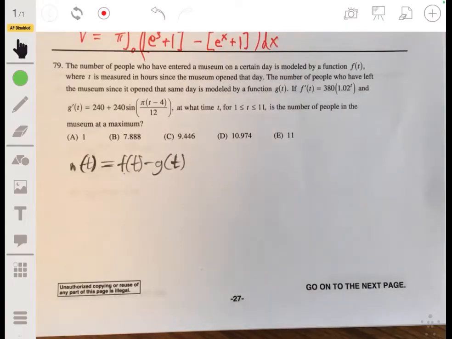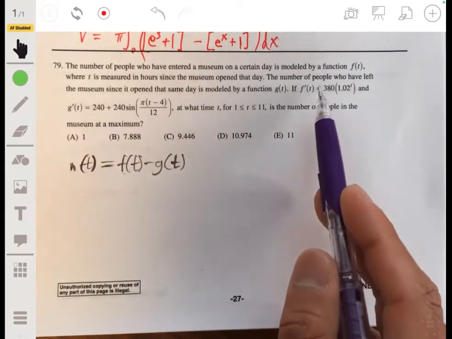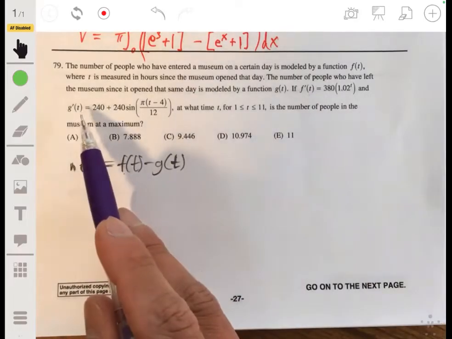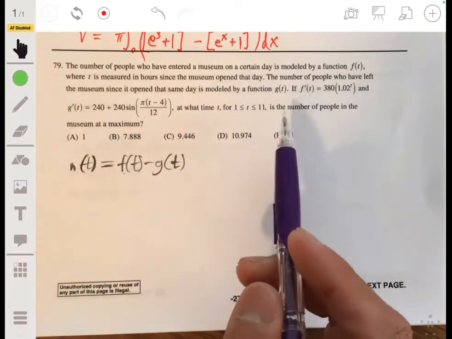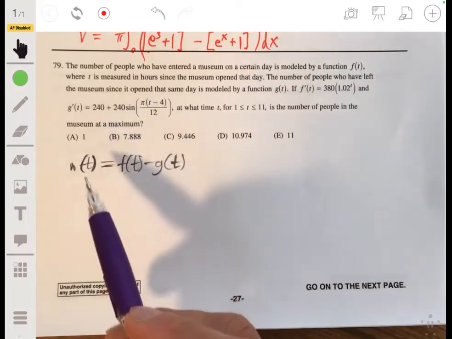Now, we're given the derivatives of f of t and g of t, and we want to figure out when the number of people in the museum is at a max.